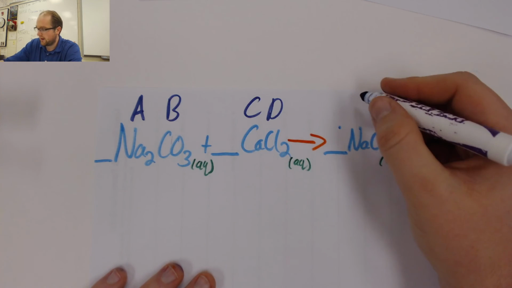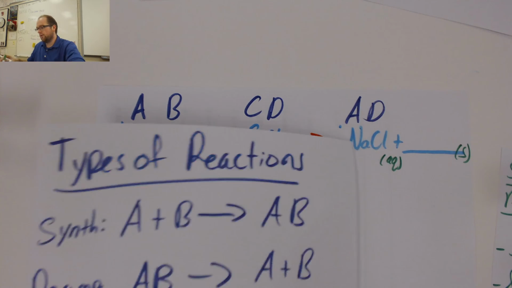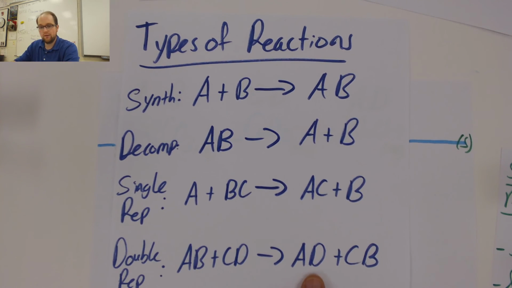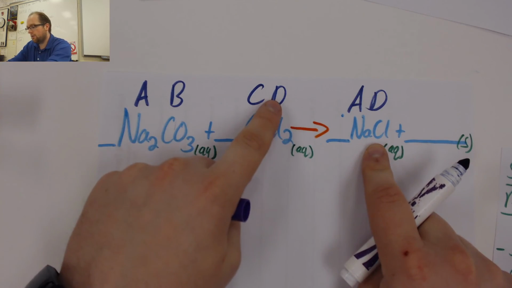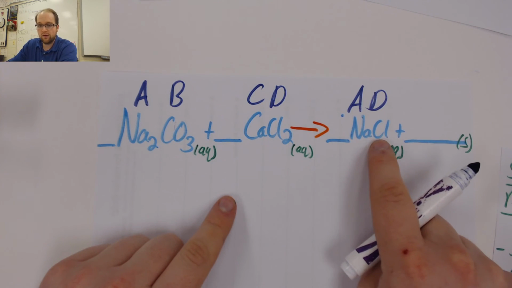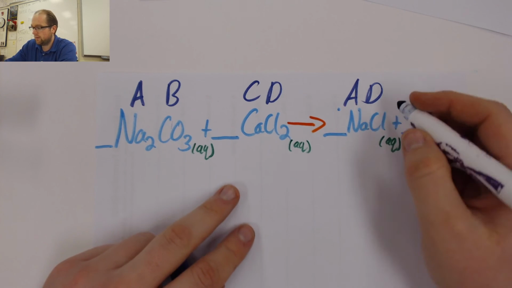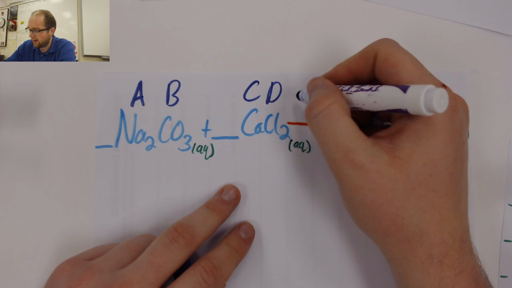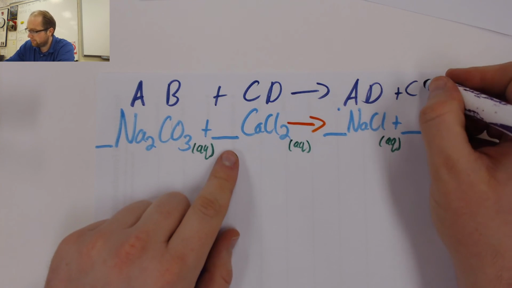Our first one said AD, right? That is the first pairing in a double replacement. And hey, look, that makes sense. Sodium was A, chlorine was D. Notice just because this chlorine had a 2, this chlorine doesn't have a 2 because it is being balanced by only one sodium. So what's left then is to make sure that we are creating CB.